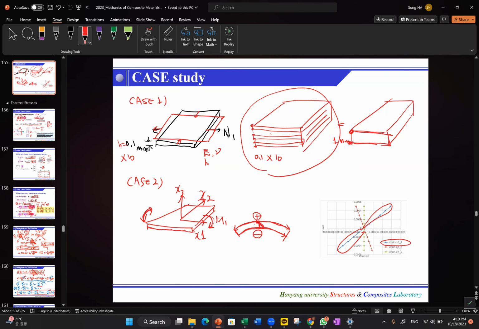But very important in this plate case, this top is extended this way. Then what will happen to the second direction? You have a contraction, right? This is going to be a contraction, and the bottom this way is a contraction, then this way will extend.